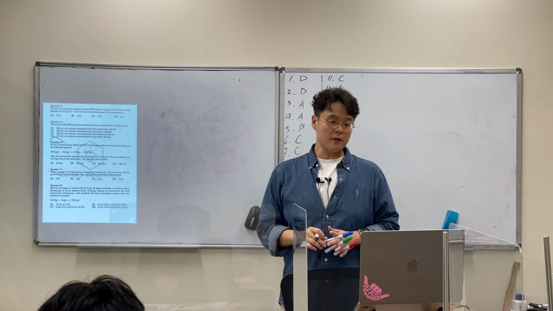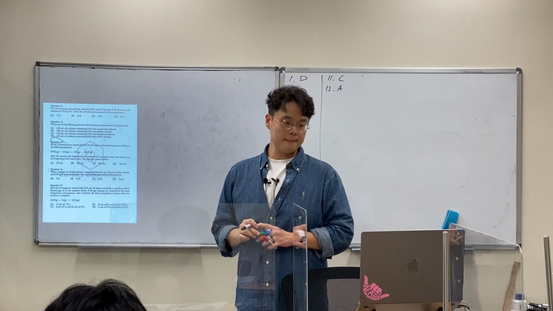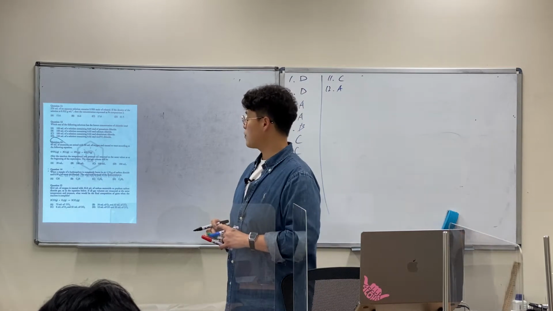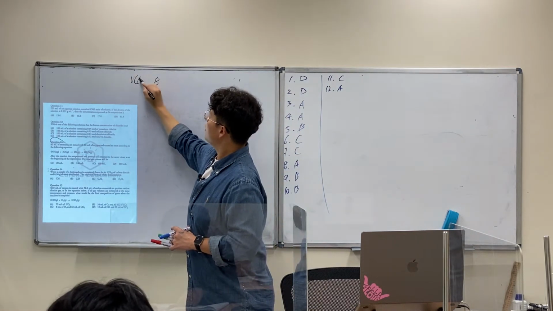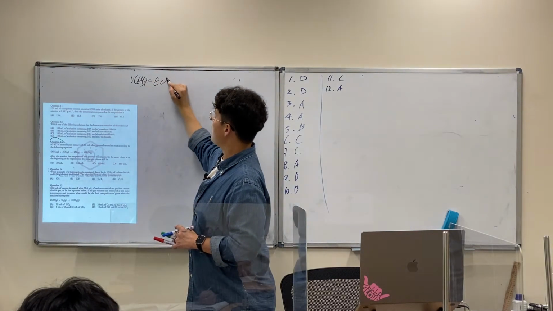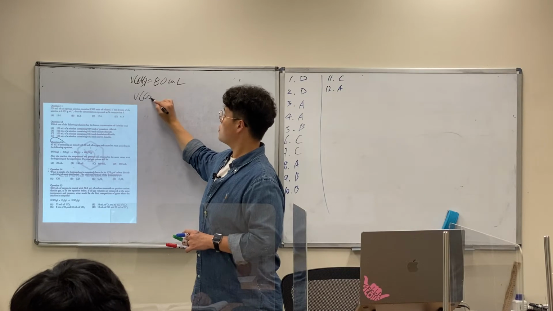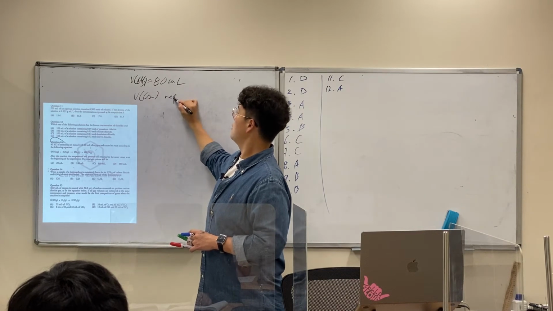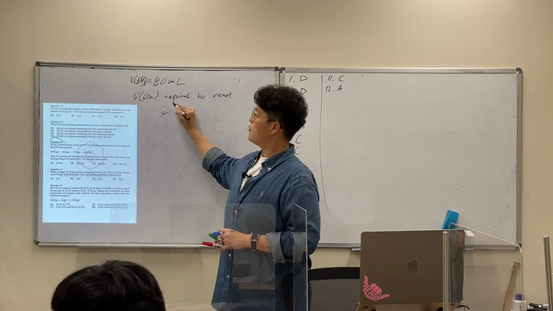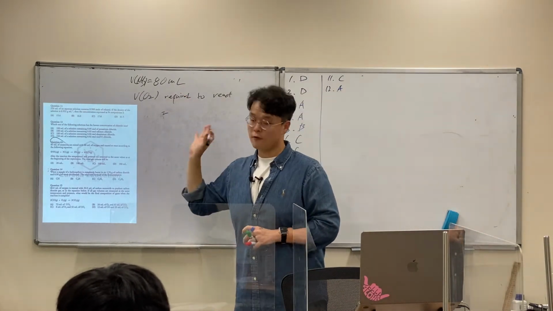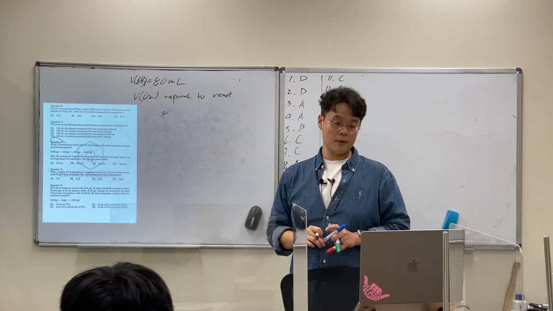What we have to find first is 80 mL of NH3. Tricky. If the volume of the NH3 is given as 80 mL, what would be the volume of oxygen gas required to react?